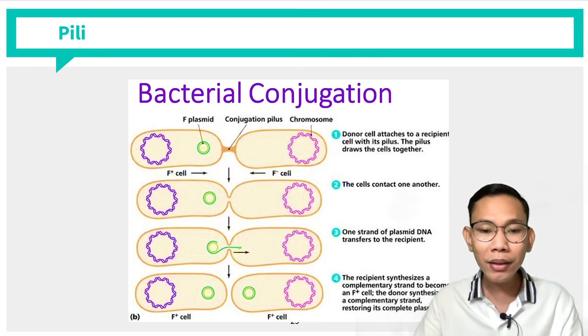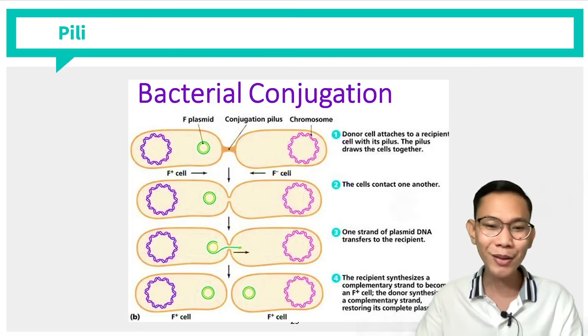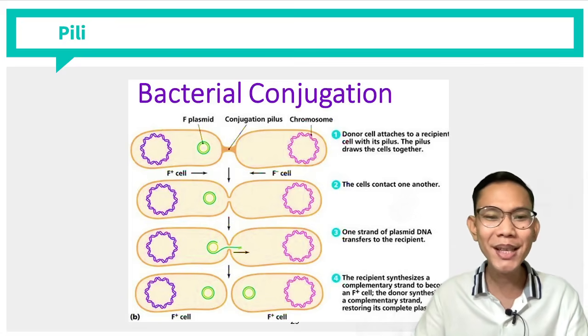The recipient cell synthesizes a complementary strand. So, this cell will be responsible for making a complementary strand of your plasmid. And then the donor also synthesizes a complementary strand, restoring its complete plasmid. So again, balikan na natin, very basic.